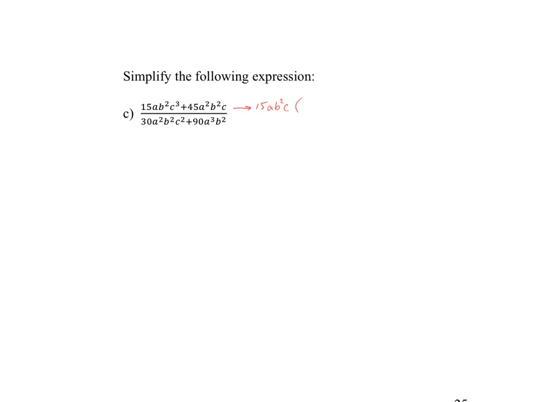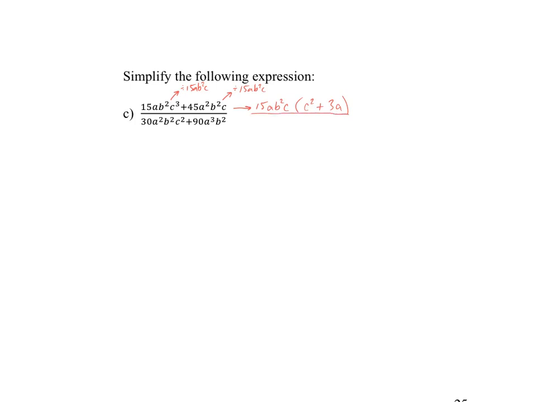And if I take 15A B squared C from the numerator, I'll be left with a 1c squared in that first term, and I'll be left with a 3a in that second term. So that's me taking this, dividing it by 15a b squared c, and then doing the same thing here. And that's leaving me with c squared plus 3a.